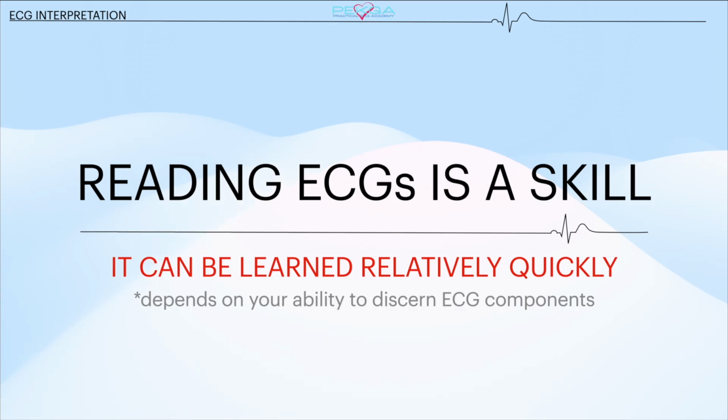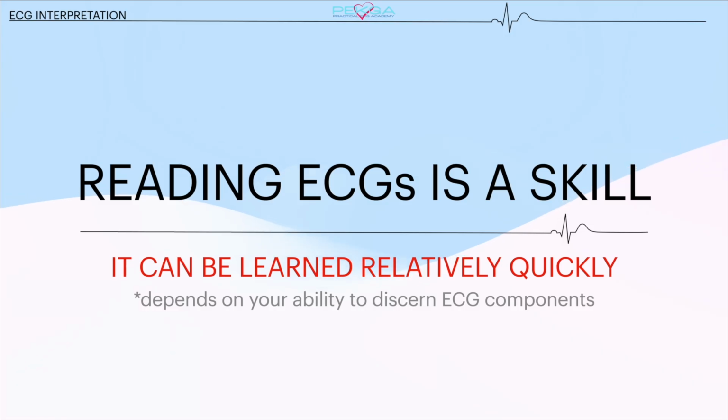Now, reading ECGs is a skill. It really is, just like any other skill, right? And it can be learned relatively quickly. It will depend on your ability to discern ECG components. So just like any other skill, some people are going to be better at it than others.